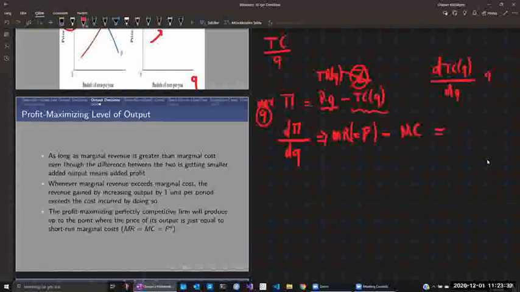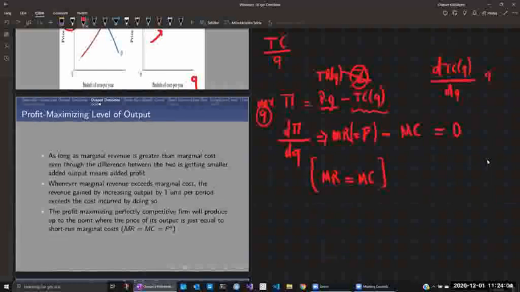If I want to find an optimum, it should be equal to 0. Then I can say that if I would like to have a profit maximization rule, then in general, no matter what the market is, the principle is that marginal revenue has to be equal to marginal cost.